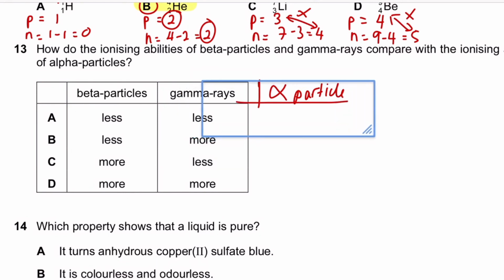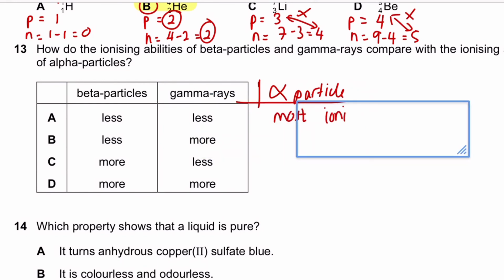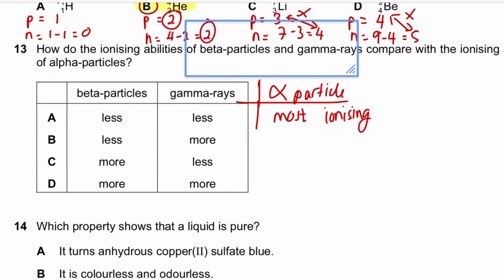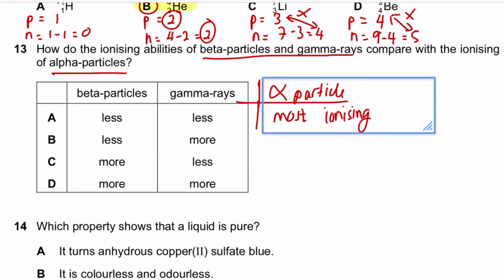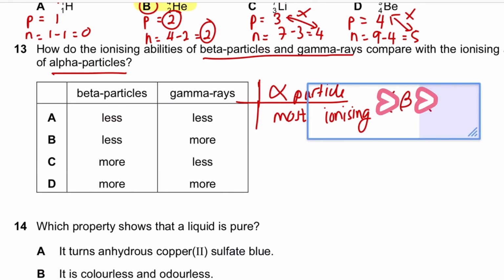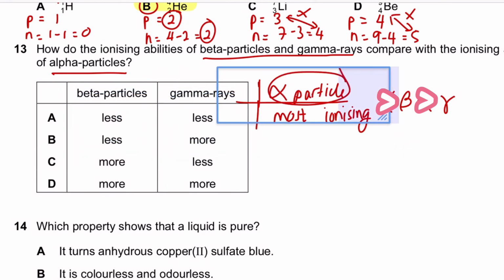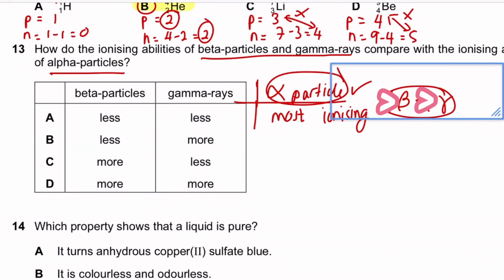We know that alpha has the most ionizing ability among these 3 particles, but they're asking to compare these 2 against alpha particles. So we know that alpha is the most. Second comes beta. Third, lastly, will be gamma. So alpha comes first, beta comes second, and gamma comes last.